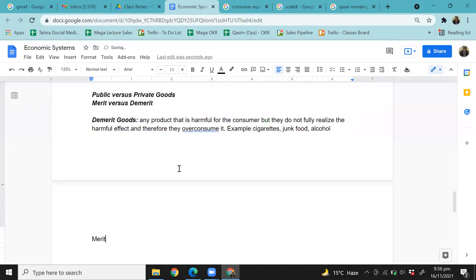Now, what are merit goods? Merit goods are the opposite of that. Goods that are beneficial for consumers, like education and healthcare, but people underconsume them because they do not fully realize the benefits.